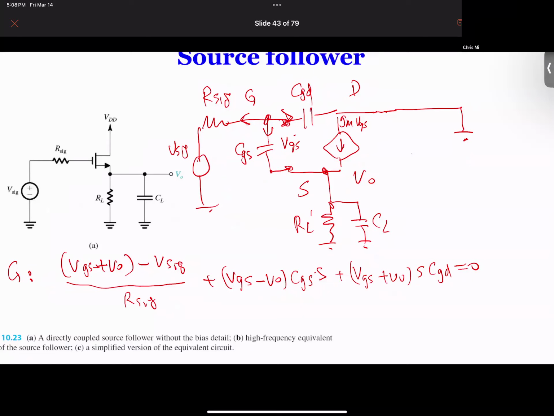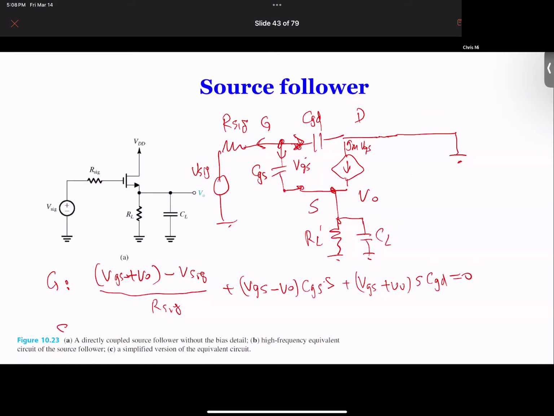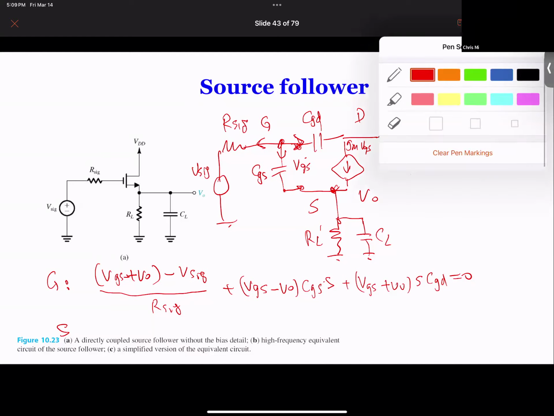We got that node. And at the bottom node, at the source node, it's a little bit simpler because we have really 4 currents. Actually, no, I think I made a mistake somewhere over at the VGS. Yes, here I made a mistake, because VGS is the voltage across here, so we don't have to minus VO, so that one has to be removed. So this happens.